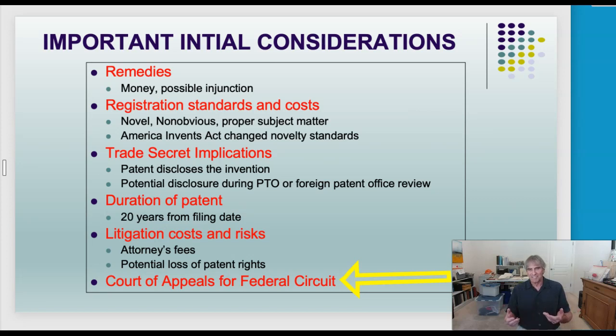So, for instance, if I had a federal grievance, I might sue in the district court for the Central District of California. And if I'm not satisfied with the outcome, I could appeal to the Ninth Circuit Court of Appeals, which covers several western states, including California.